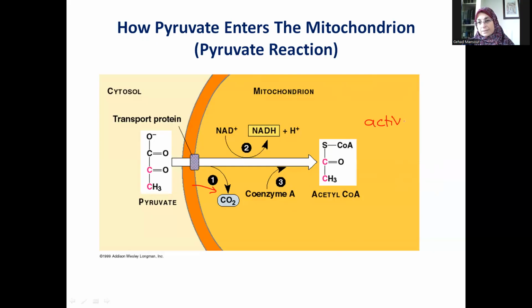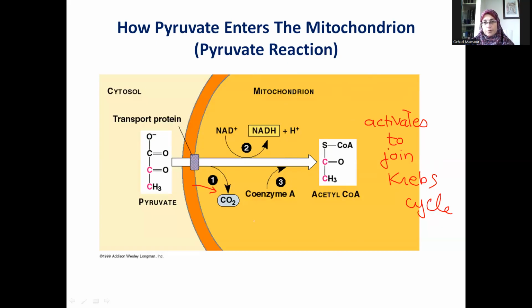And then it activates the acetyl group to join the acetyl group that resulted from oxidative decarboxylation of pyruvic acid to start Krebs cycle or to join Krebs cycle, okay? Why does it activate it? Because we have a high energy bond here, a high energy bond between coenzyme A and the S, okay?